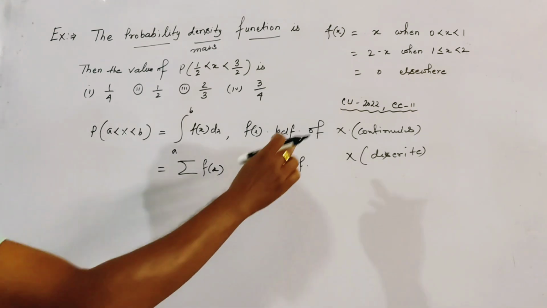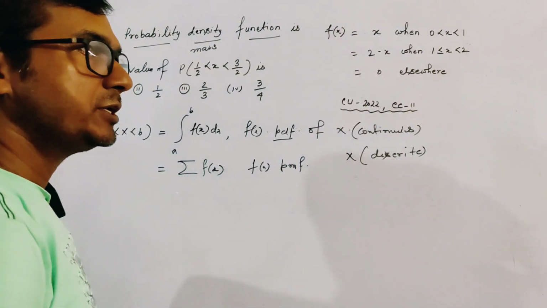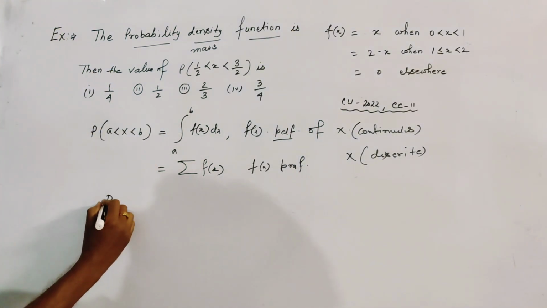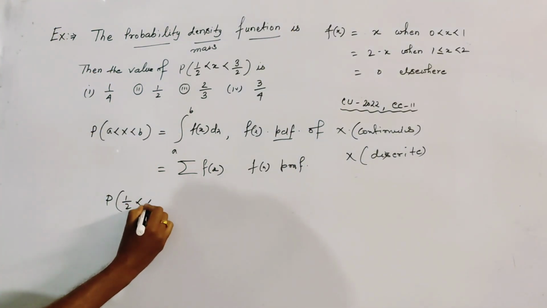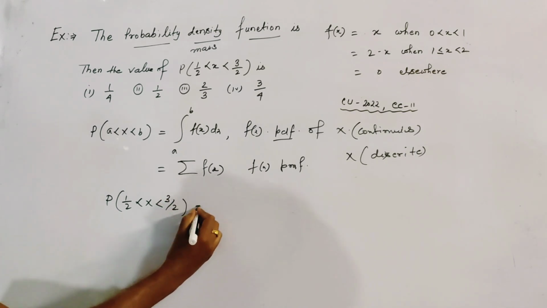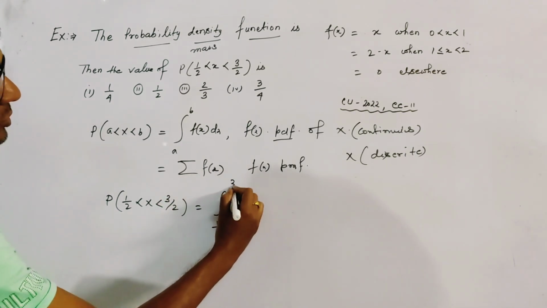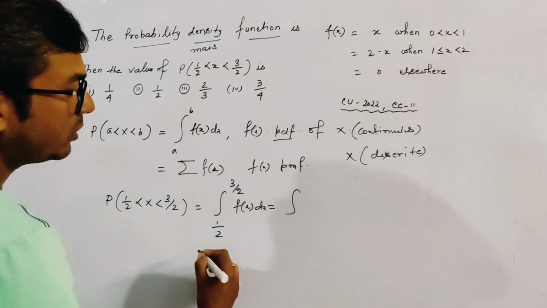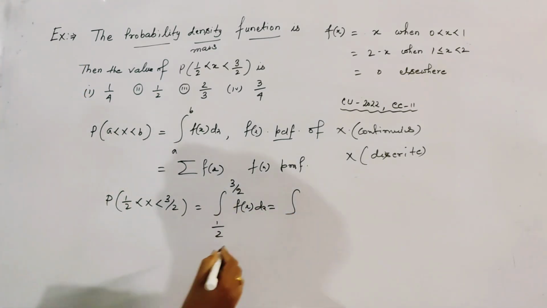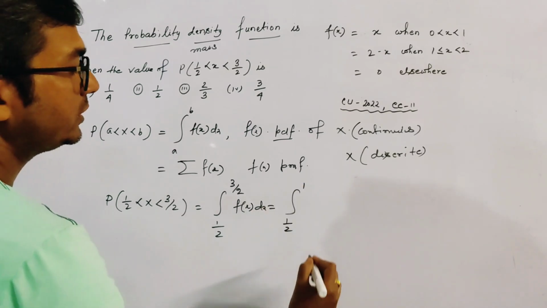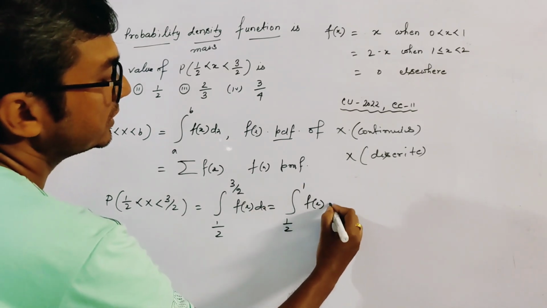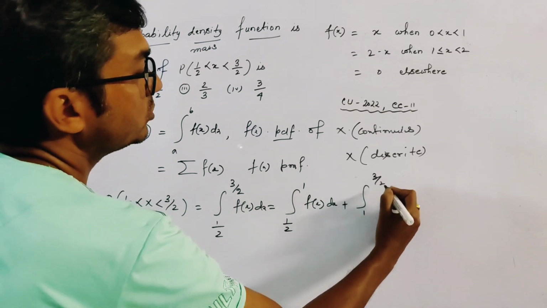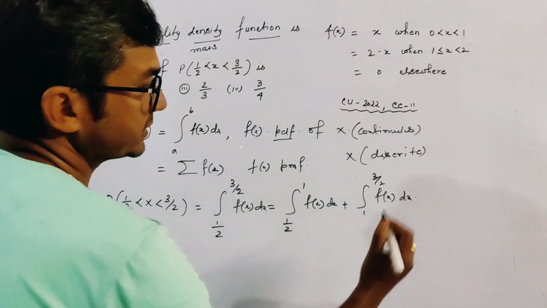Now here, this is given by a continuous probability distribution, and x is a continuous variable, and we have to find the probability of half < x < 3/2. So this is the integration from half to 3/2 of f(x) dx, and now we split the range of integration: from half to 1 of f(x), plus the integration from 1 to 3/2 of f(x) dx.